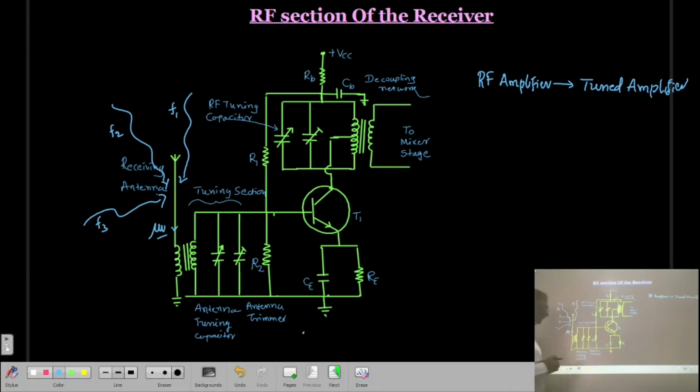For that, we have a tuning section at the input of the RF amplifier. Whatever signal is induced passes through the antenna and through this coil, which is known as the antenna coil. Here we have a kind of small transformer, and in the secondary one more coil is there where the signal is going to be induced.